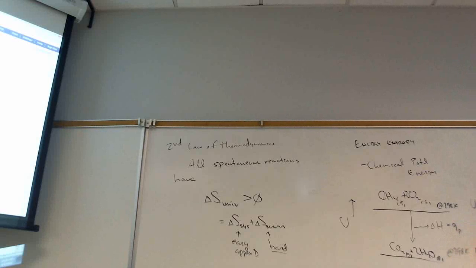Now, what do you think is more ordered? What do you think, the potential energy or the kinetic energy? Potential energy is more ordered, meaning it has a lower entropy or higher entropy? Lower entropy. And so we're going from lower entropy, potential energy, to higher entropy, kinetic energy.